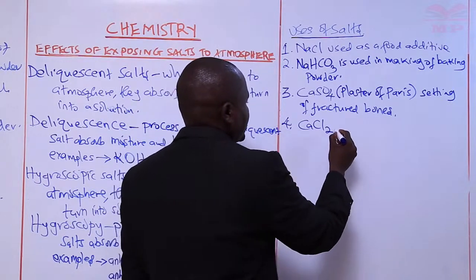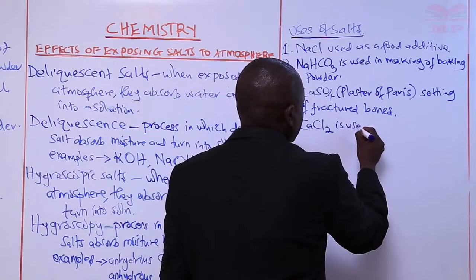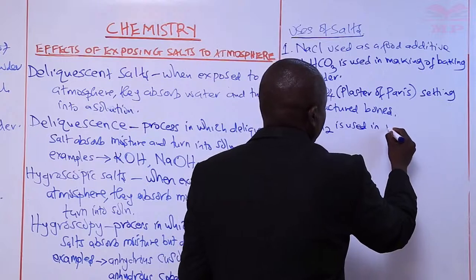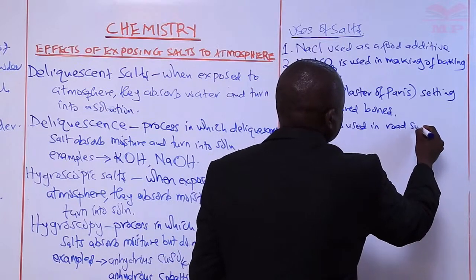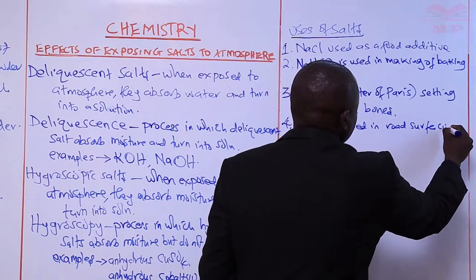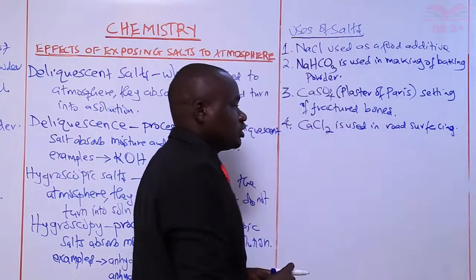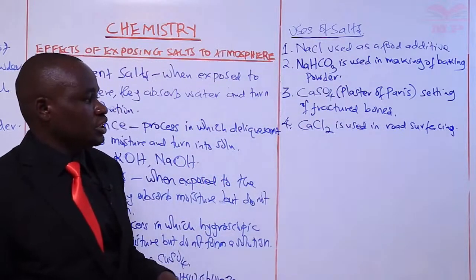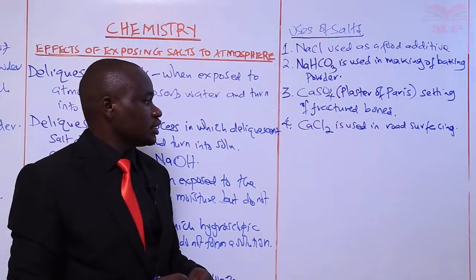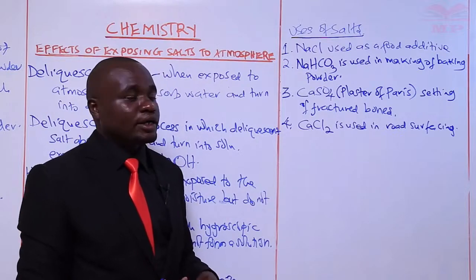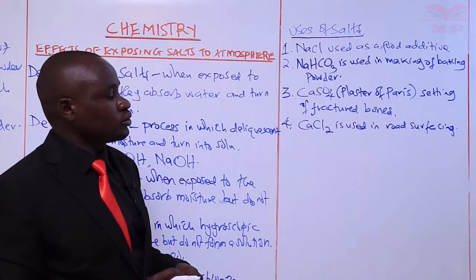Another salt is calcium chloride. Calcium chloride is used in road surfacing, of course, involving cleaning of roads, especially in countries that are on the poles.